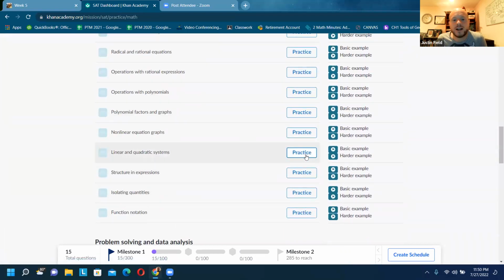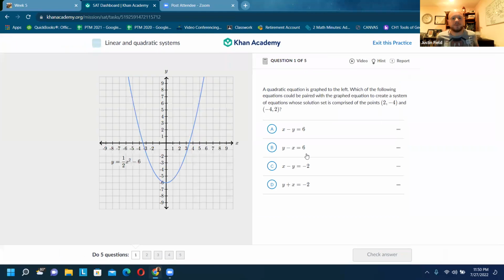Linear and quadratic systems. Okay. The quadratic equation is graphed to the left. Which of the following equations could be paired with the graph equation to create a system where the solutions are 2, negative 4, and negative 4, 2?